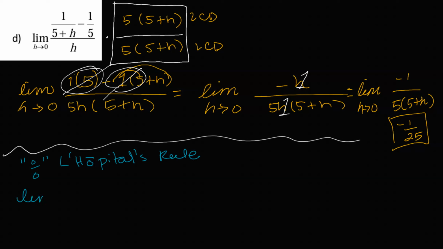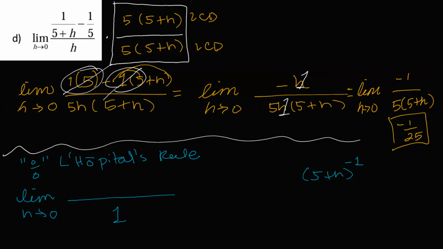So then we would say limit as h goes to 0 of the derivative of the numerator over the derivative of the denominator, which is just the derivative of h, which is 1. The derivative of 1/5 is 0, and the derivative of the other term, I'm going to go ahead and write it over there, is 5 plus h to the negative 1.